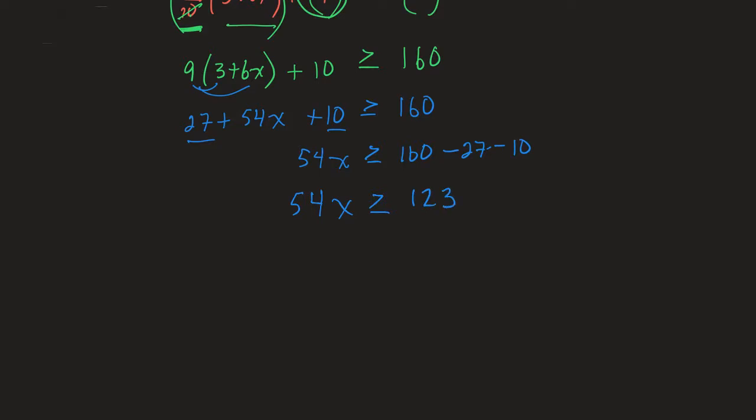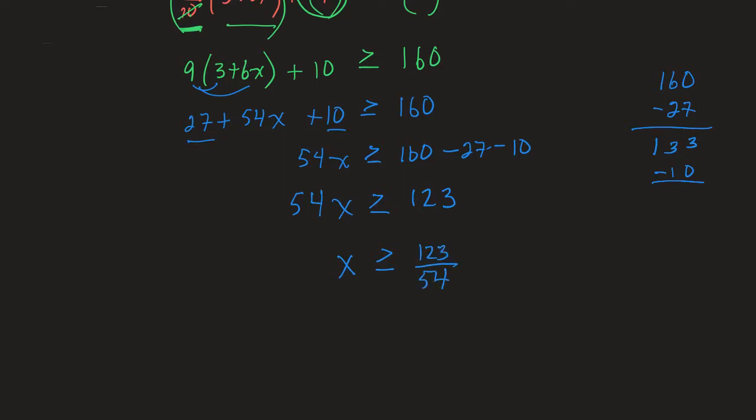Is that right? 160 minus 27, so that'd be 133, and then minus another 10. 123, yep. And then divide both sides by 54. So x greater than or equal to 123 over 54.